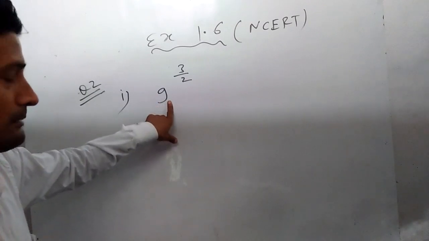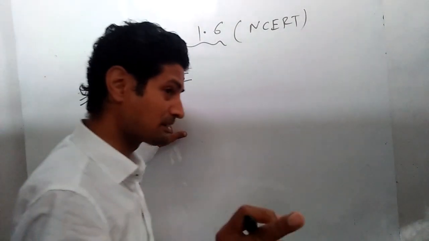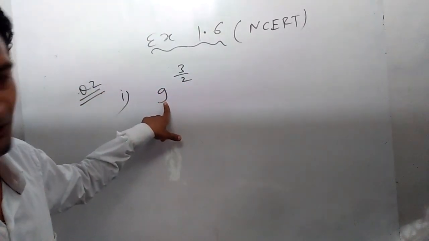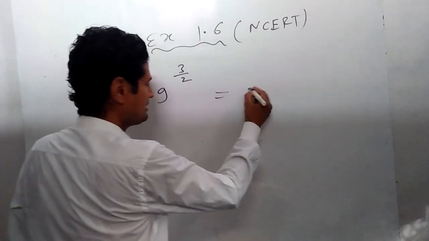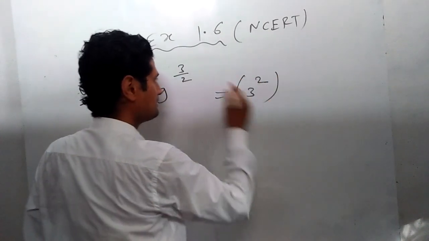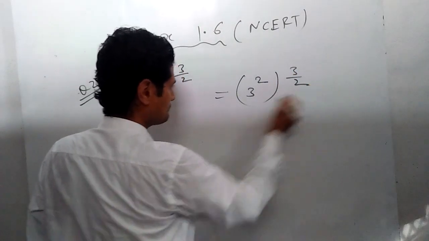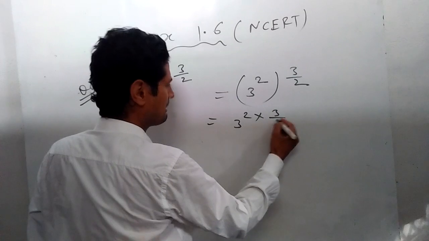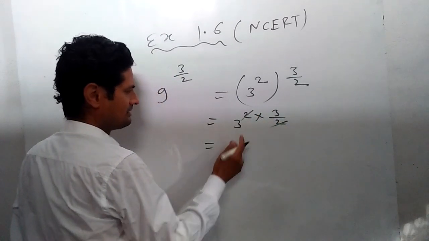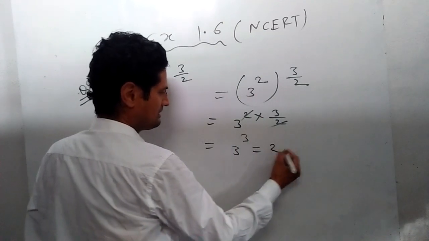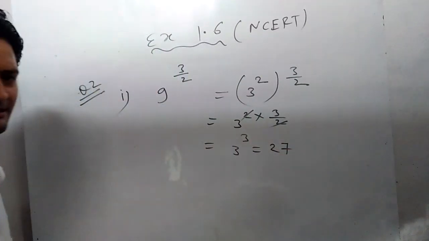You have to think of a number whose square gives 9. So such a number is 3, whose power 2 is equal to 9, to the power 3 by 2. Multiply power into power: 2 into 3 by 2. The 2 cancels. Remaining part is 3 to the power 3. It means 27.